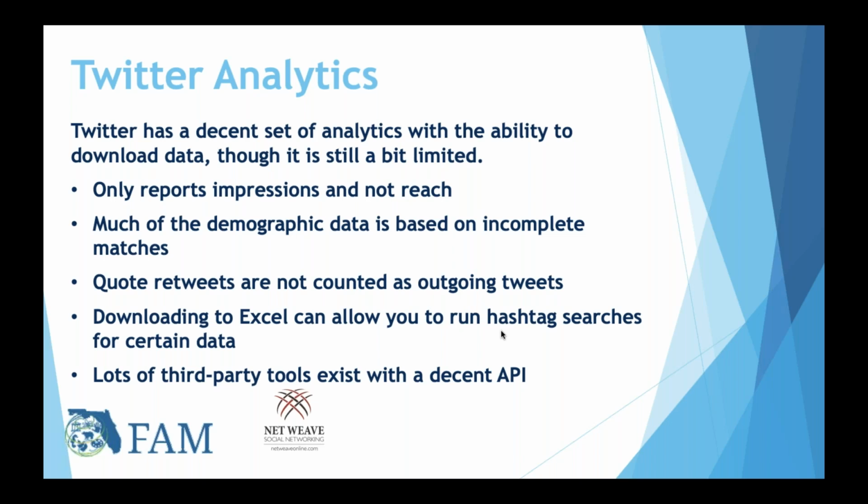A lot of the demographic data that they give you was based on third-party match data. What that means is they have deals with other data clearinghouses, and when somebody logs into Twitter with the email address joe@aol.com, they pass that email address to their match partner, and their match partner gives them any data that they have on that email address.